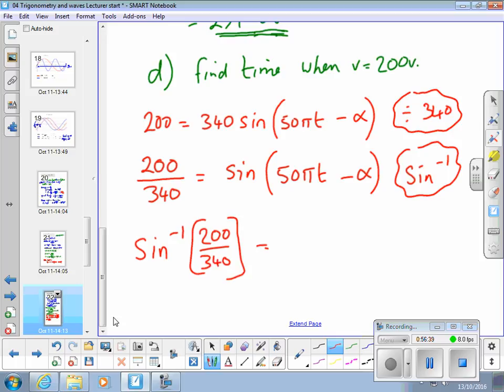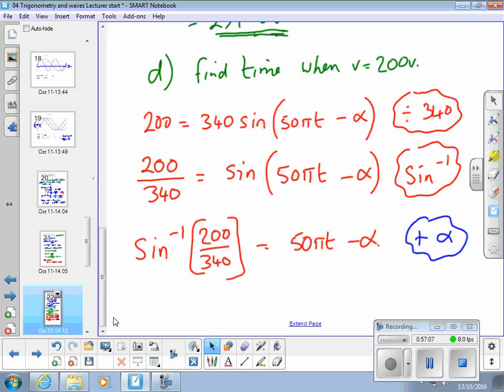That then, the sine and the brackets disappear on this side: 50 pi t minus the angle alpha. How do I get alpha over that side? Add it. So I'm going to plus alpha to both sides.